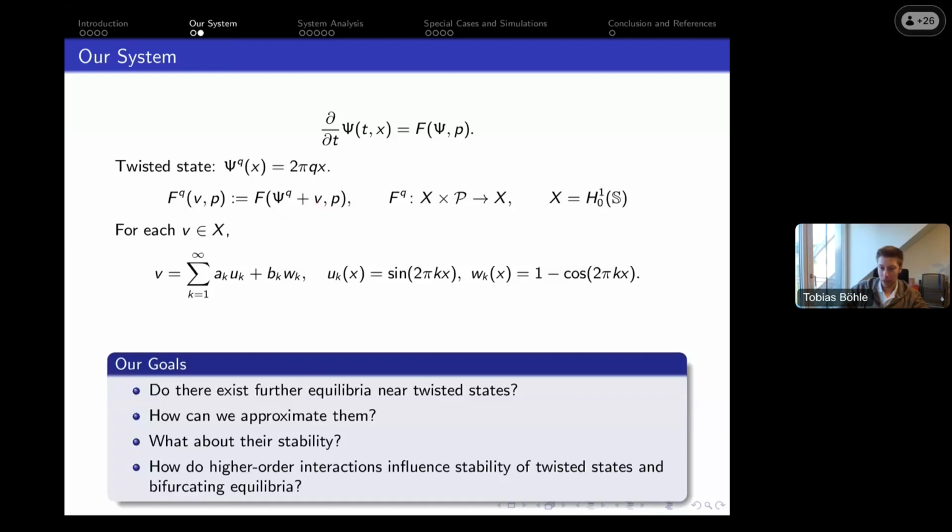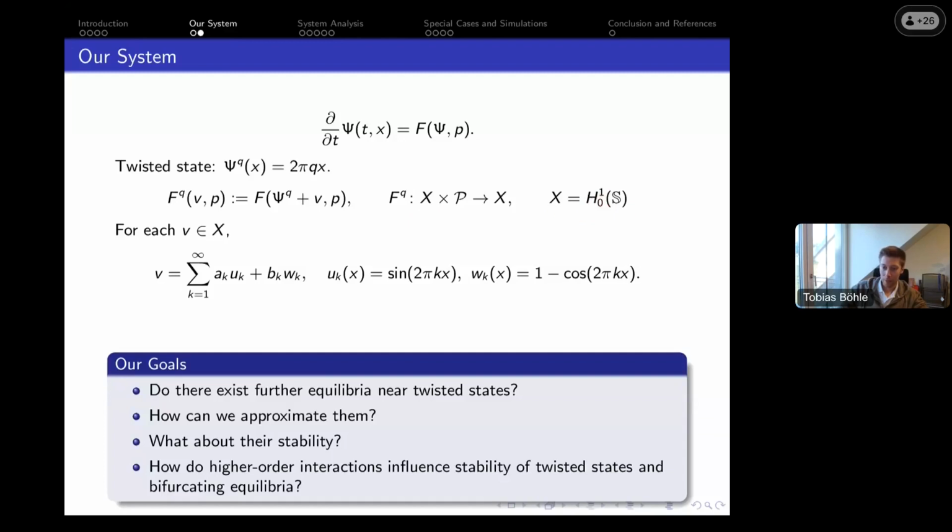And v is an element in a function space X, and fq also maps to the same function space X. Here we chose X to be the space of once weakly differentiable functions, such that the weak derivative is an L2 function. And these functions are also supposed to satisfy the boundary conditions. So at 0, these functions evaluate to 0.